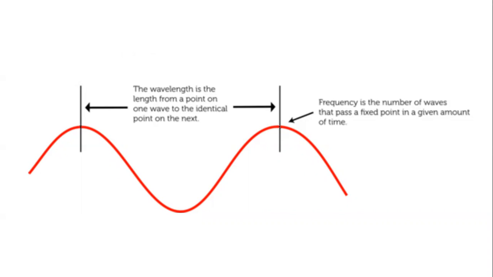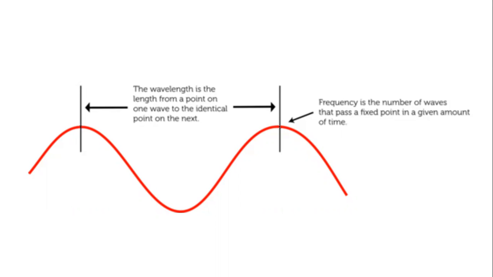Although all electromagnetic waves travel at the same speed across space, they may differ in their wavelengths, frequencies, and energy levels. Wavelength is the distance between corresponding points of adjacent waves.